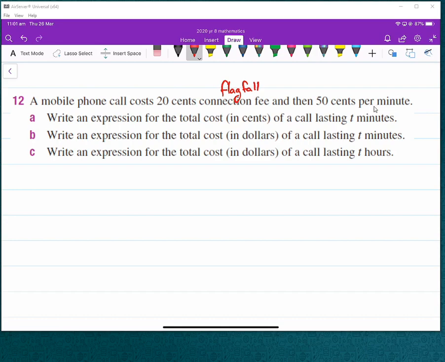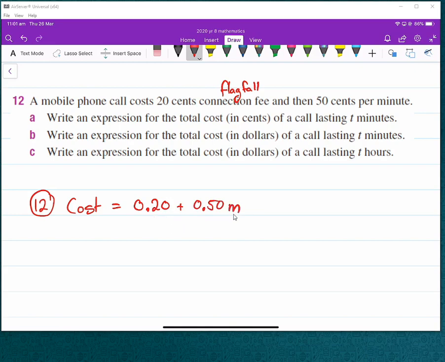So I'm just going to say, straight up for 12, as soon as I read that, because I know algebra, I'm just going to say the cost is equal to 20 cents, okay, $0.20, plus 50 cents per minute, and I'll just use M for minutes.